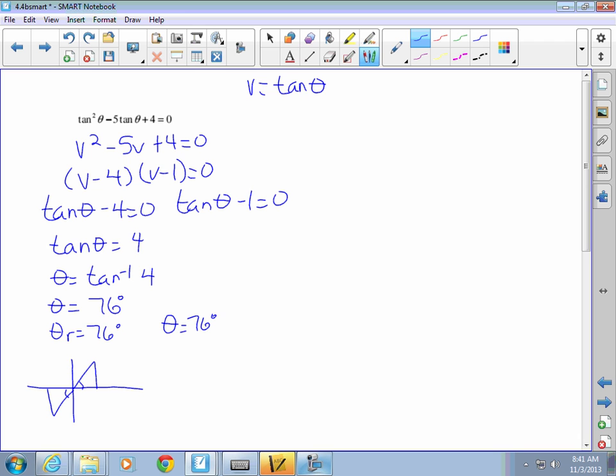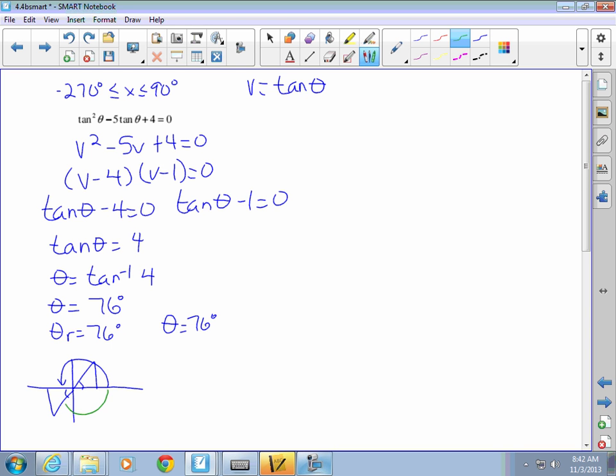That works, and remember, I'm working between negative 270 degrees and 90 degrees. So 76 degrees is less than or equal to 90, so I can use that one. If I were to go a full rotation this way, I would have 180 plus that 76, so that won't work. It's outside my restrictions. So now I have to try going in the negative turn.